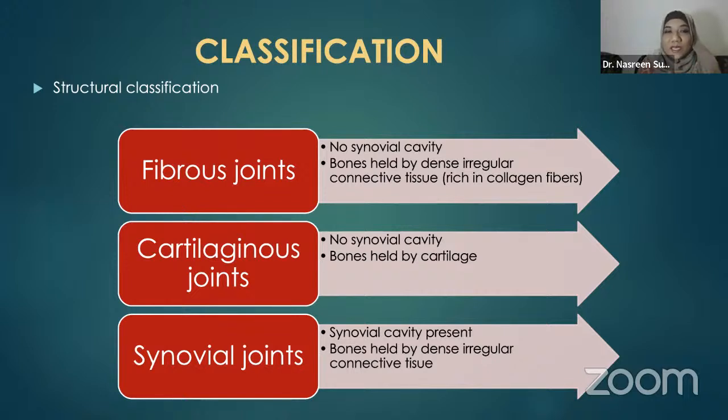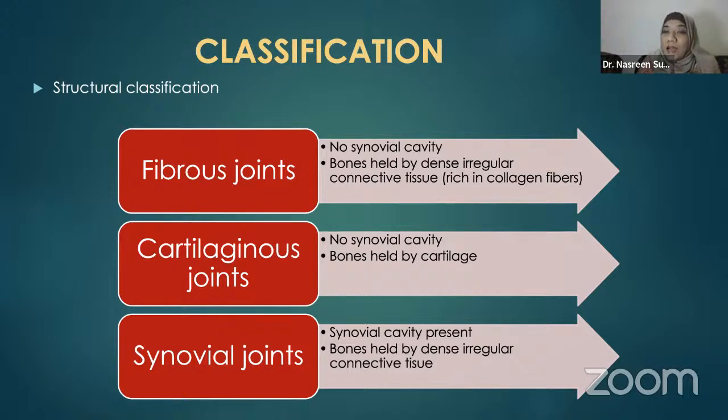When there is no gap, it means that they are bound, and something is there which is binding them. In the fibrous joint, what binds the two bones is dense irregular connective tissue. This dense irregular connective tissue is very rich in collagen fibers.